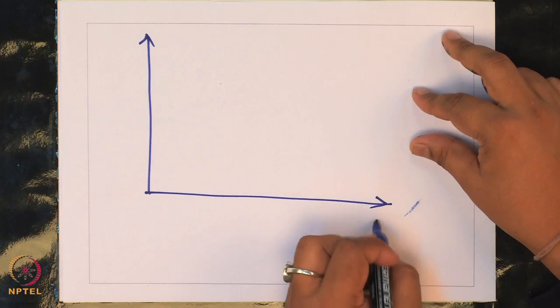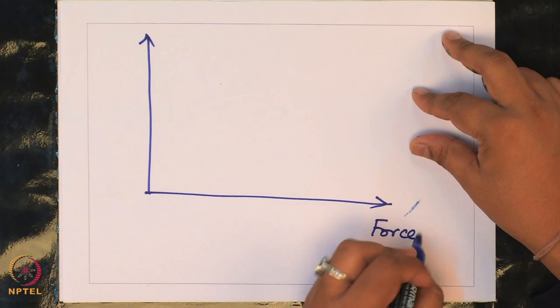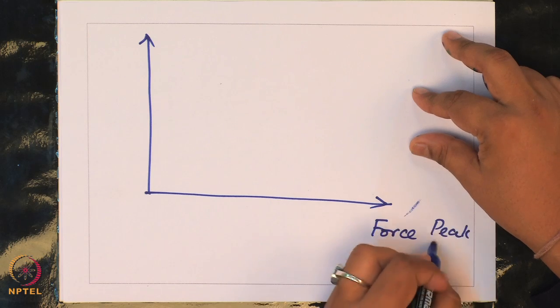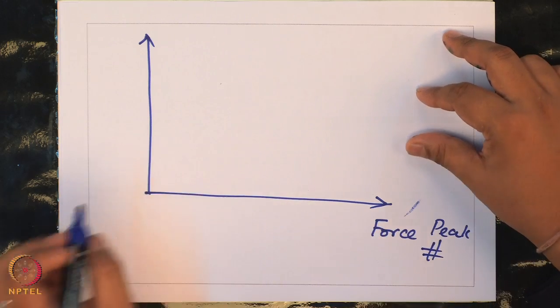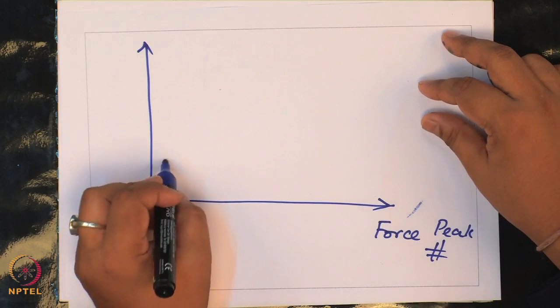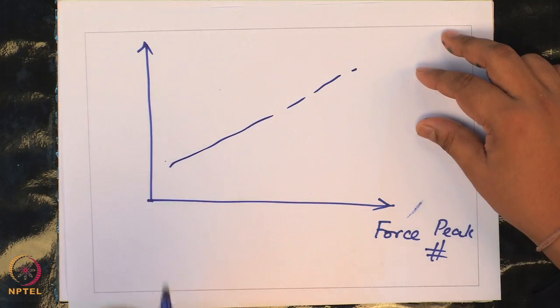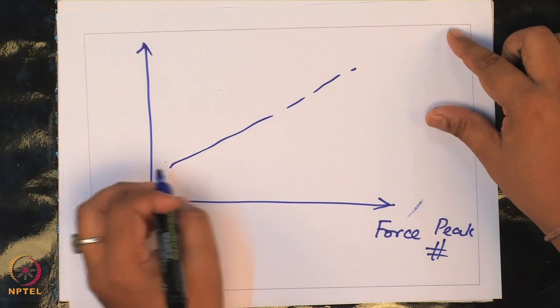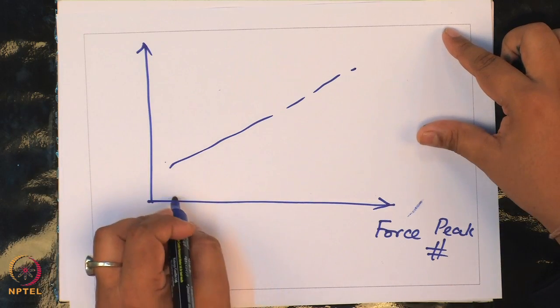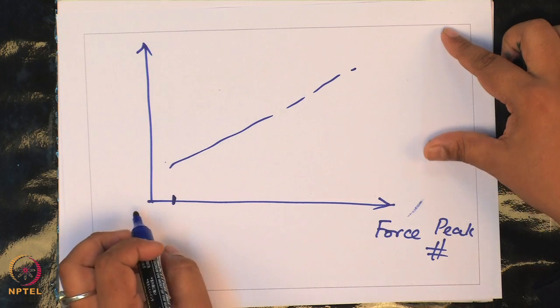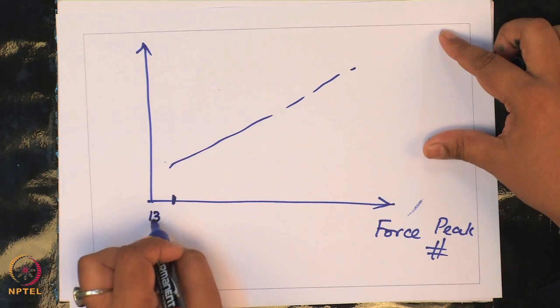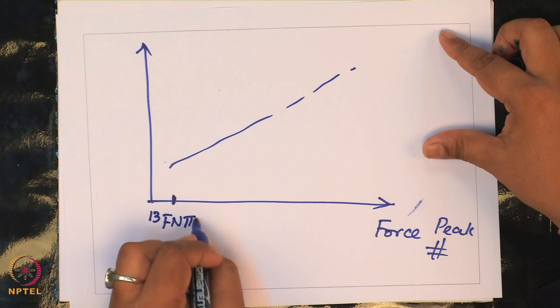If I were to draw force peak number, so at the initial ones, you will have a linear force curve, an increase in forces, and among the very first ones which unfold is certain Fn 3.